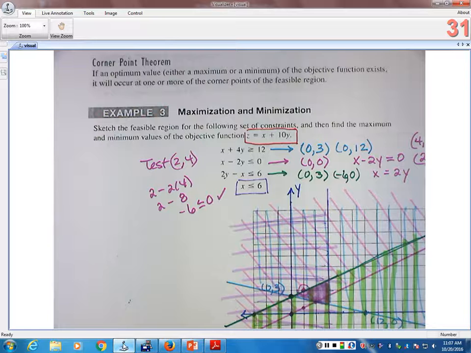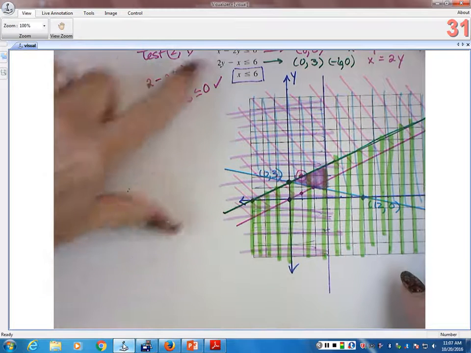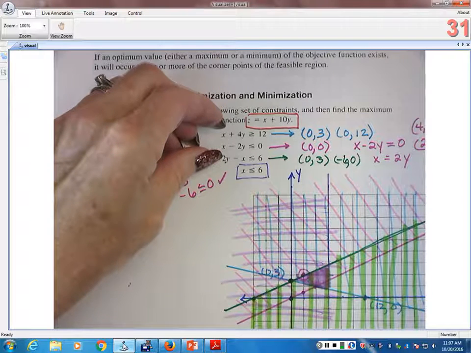Only in that little bitty area right there. And we're going to need the corner points for that area. Again, we can find those by coming back up here and pairing up these equations.